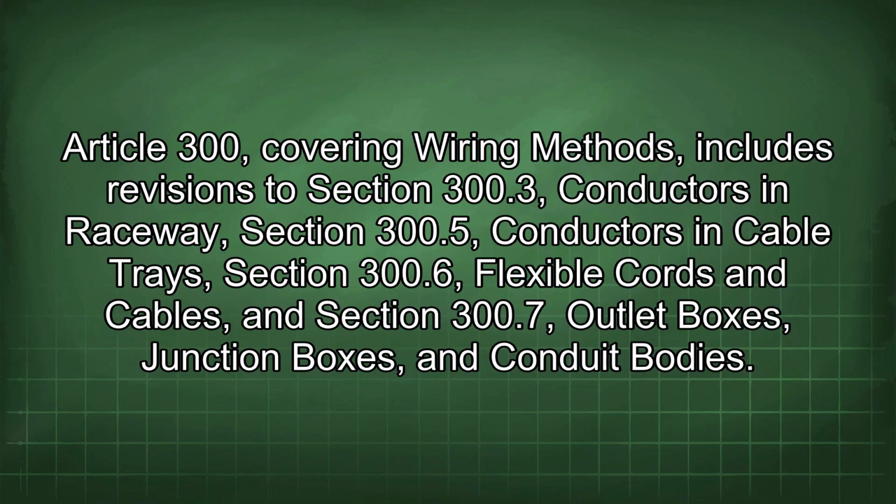Article 300, covering wiring methods, includes revisions to Section 300.3, conductors in raceway, Section 300.5, conductors and cable trays, Section 300.6, flexible cords and cables, and Section 300.7, outlet boxes, junction boxes, and conduit bodies.